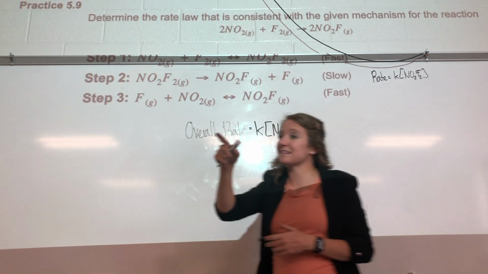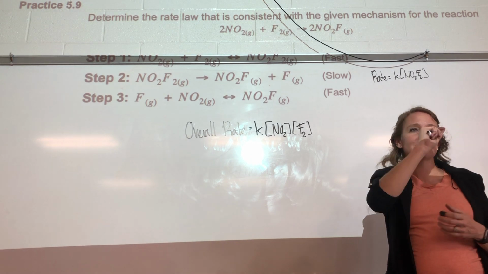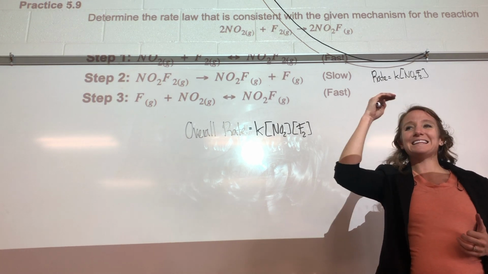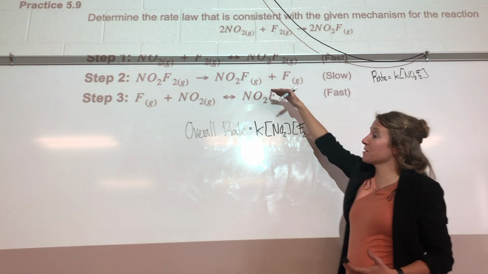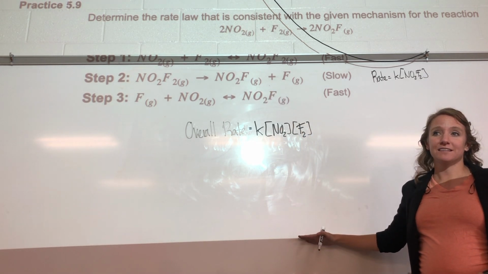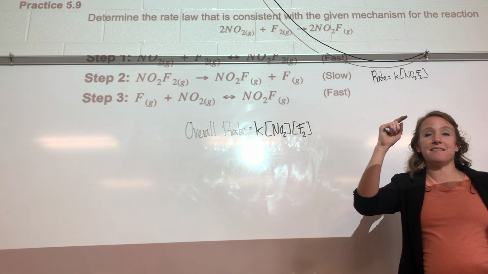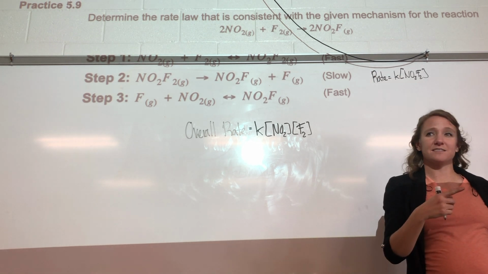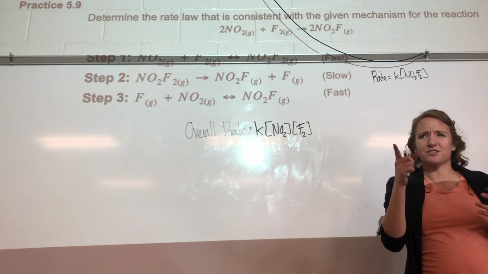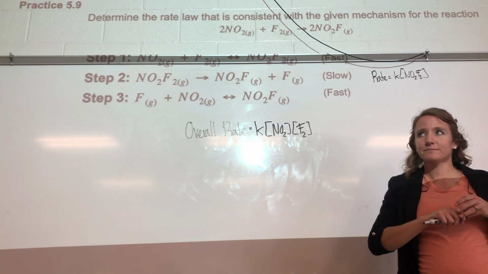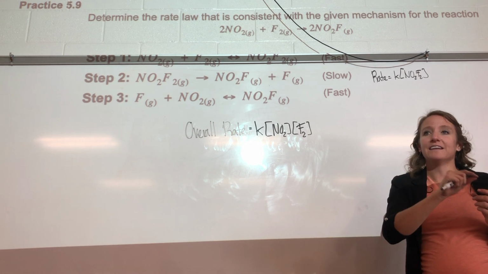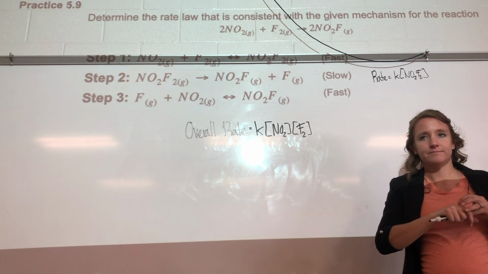Another thing that doesn't really matter: you look at the slow step, and anything past the slow step you can kind of ignore. There could be like 10 fast steps. It's just about the slow step and then any that come before it. So basically you do the rate for the step before the slow step and substitute it in for the slow step. Okay, that makes sense.